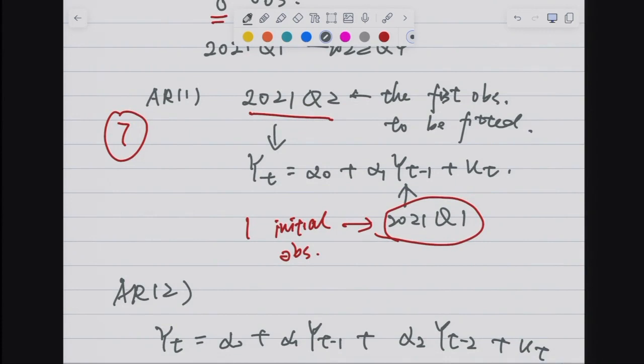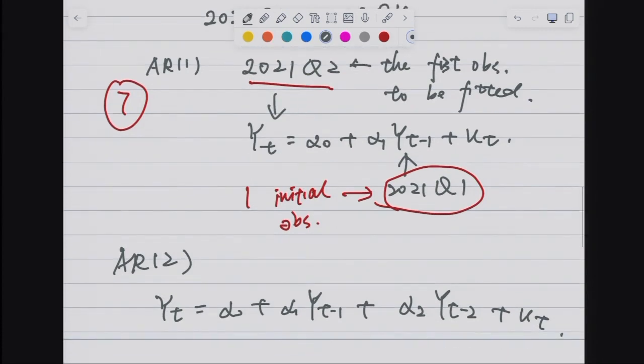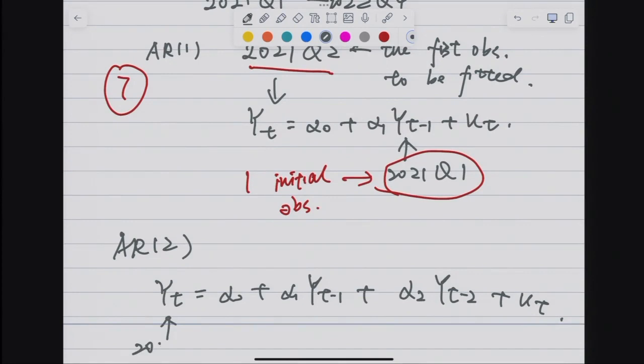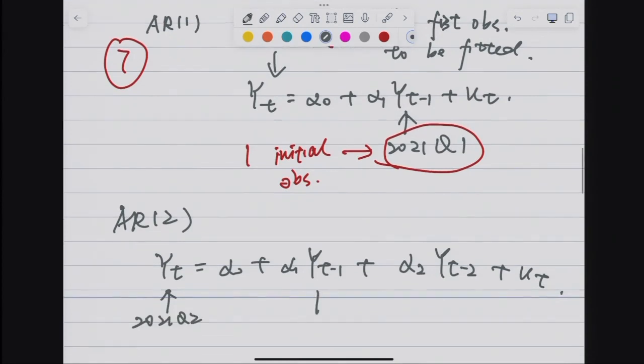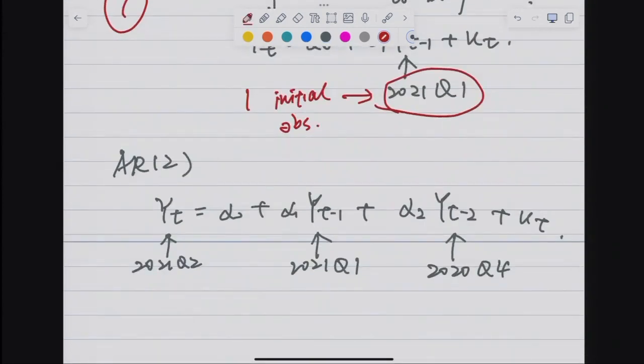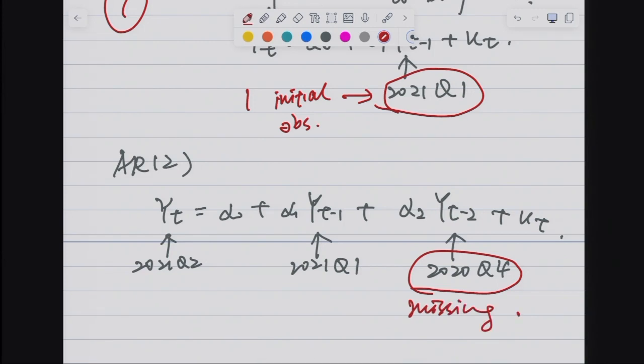No. Because if we have 2021 Q2 here, the first lag is 2021 Q1, but the second lag is 2020 Q4. This is missing; it's not included in the data set.